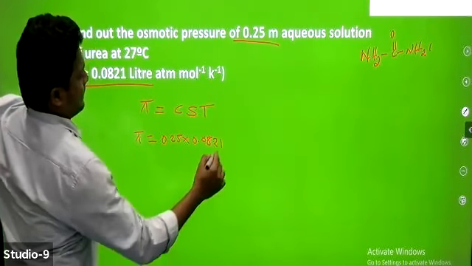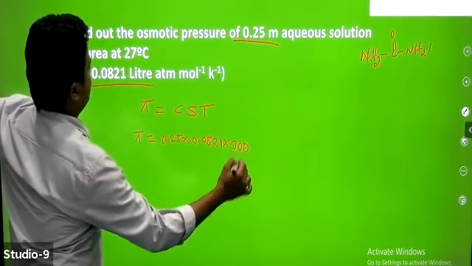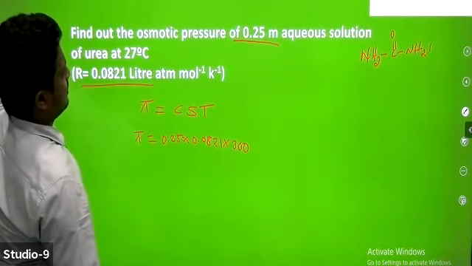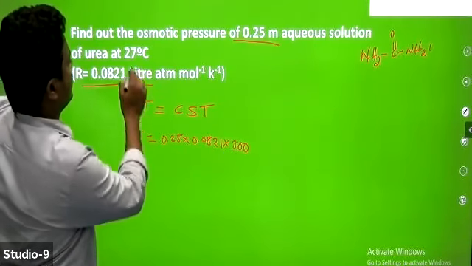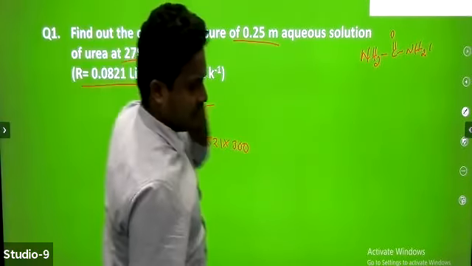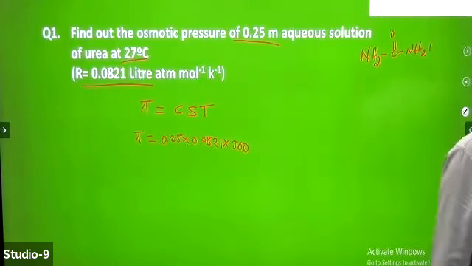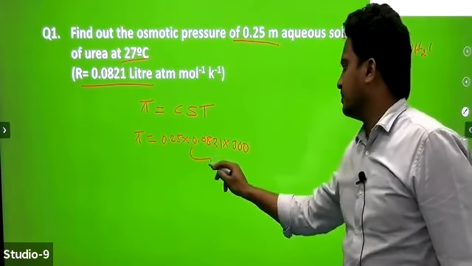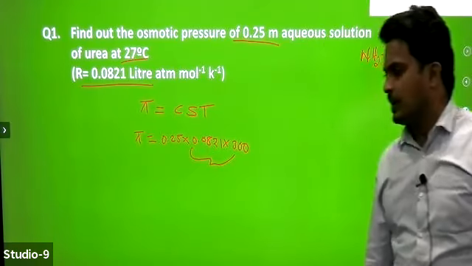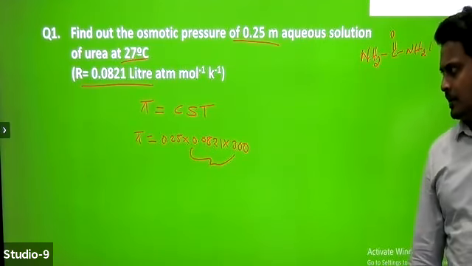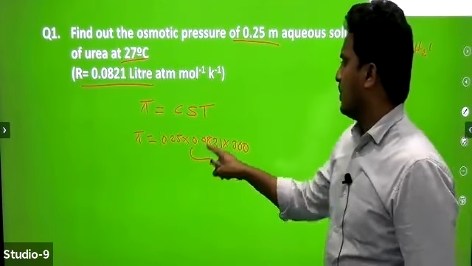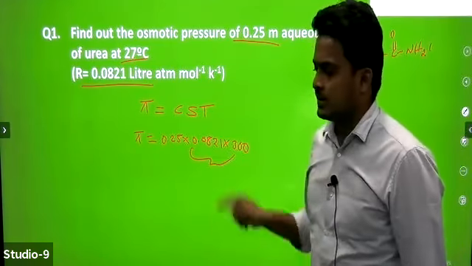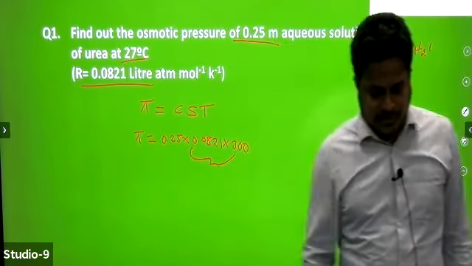0.0821 into 300. Why are we taking 300? 27 degrees centigrade can be converted into kelvins. Now tell me what is our answer? First calculate this term. What is the multiplication of 0.0821 into 300? This is a constant value, you should remember it.